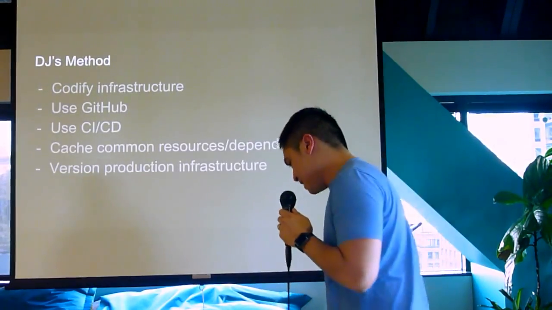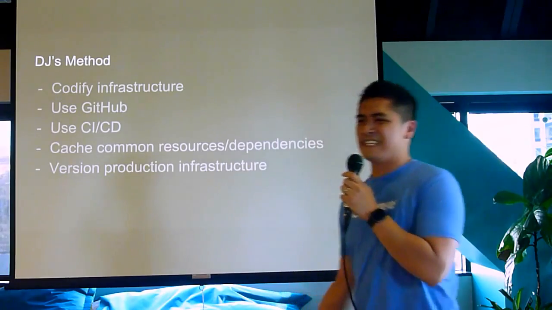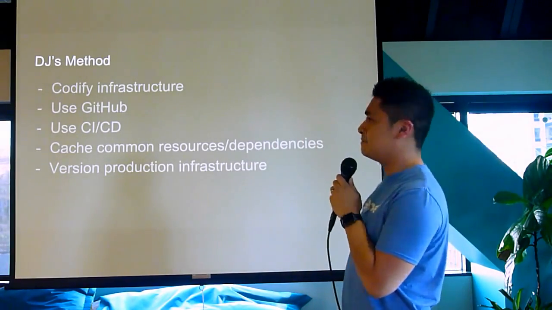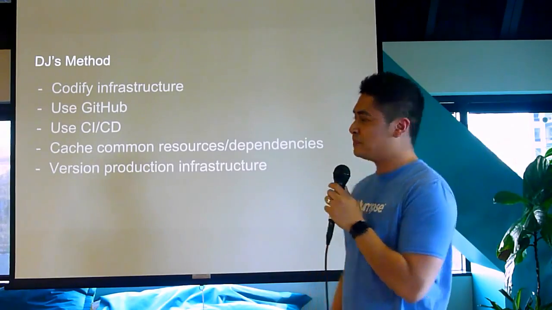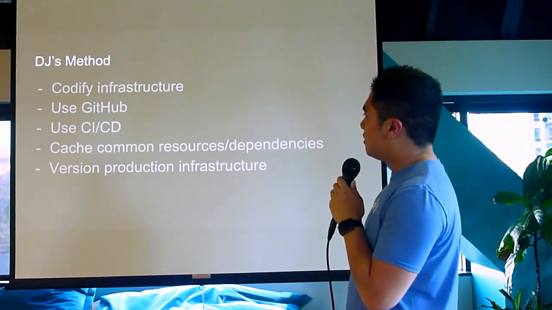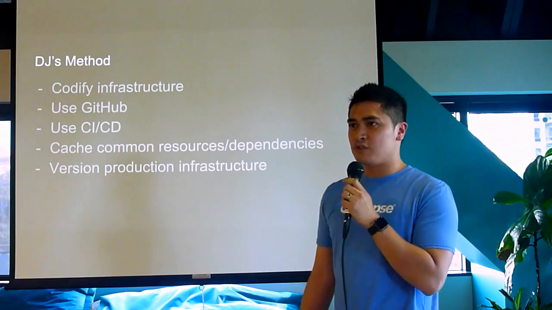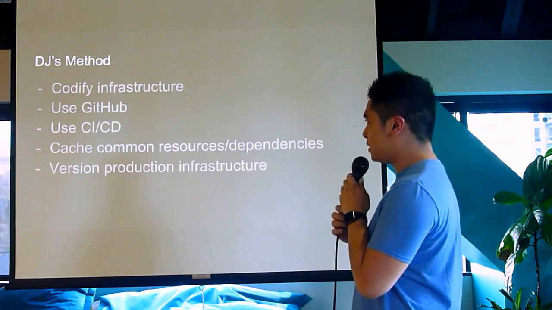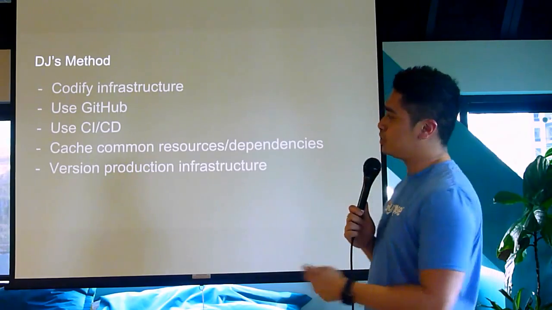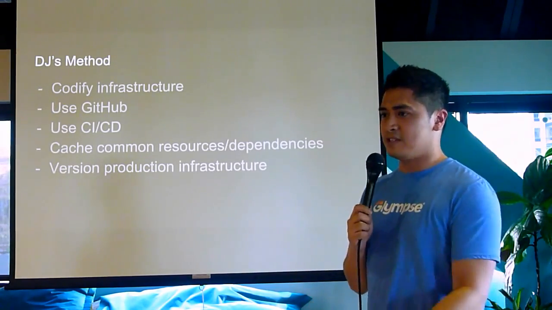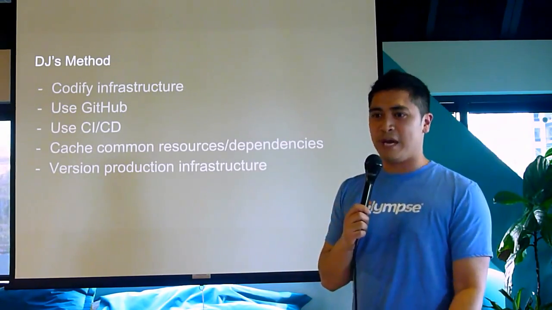So I usually like to name these things. I couldn't think of a clever enough name to talk about this, so I'm just going to call it DJ's method. So in terms of immutable infrastructure, the way I would do it is, one, you want to codify your infrastructure. And this is not Chef or Ansible or Puppet. This is your basic form of just bash scripts.